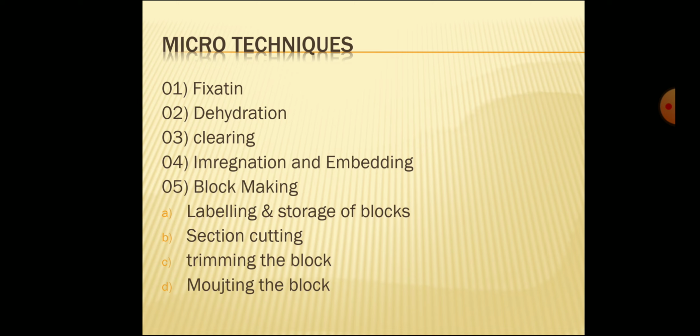During hot impregnation, melted wax is used. The tissue is kept in melted wax until its temperature becomes similar to that of the melted wax, making it ready for block formation.